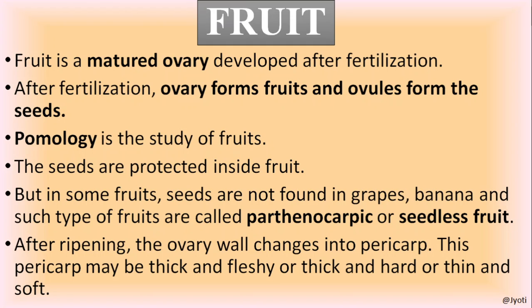For example, banana. Banana has small seeds. It is a parthenocarpic fruit. It is developed without fertilization of the ovary. But the seeds are sterile. That means if you want to grow a plant from the seed of the banana, you can never. The seeds are not fertile, they are sterile.